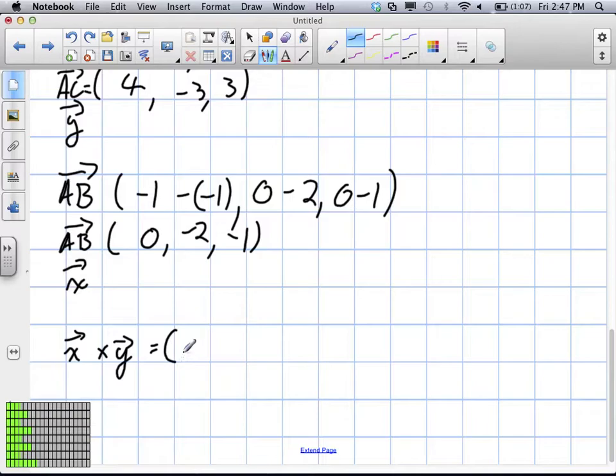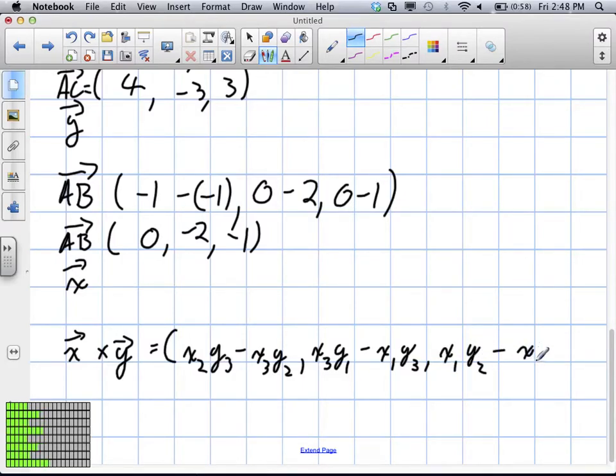In this case, it would be technically x2 y3 minus x3 y2, x3 y1 minus x1 y3, and finally x1 y2 minus x2 y1. Okay, all referring to the 3 coordinates of x and y.